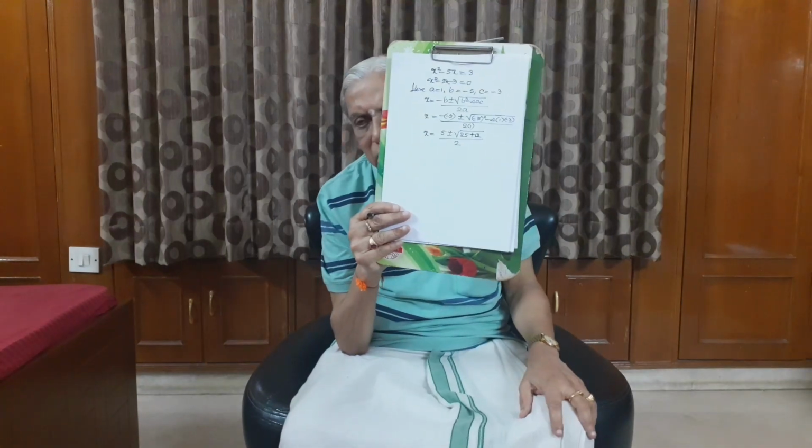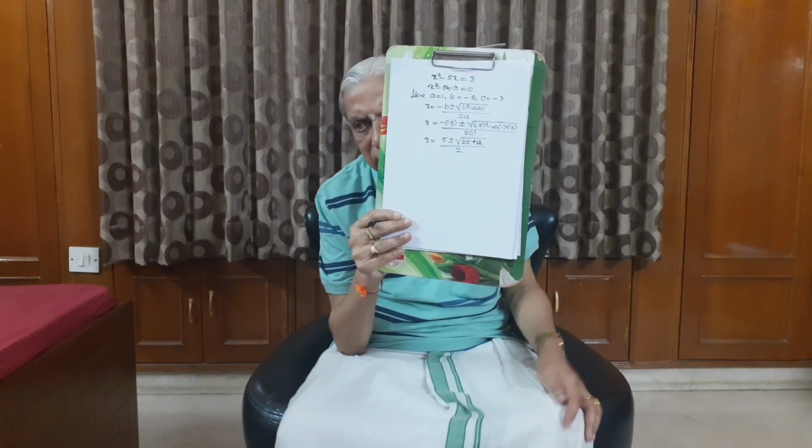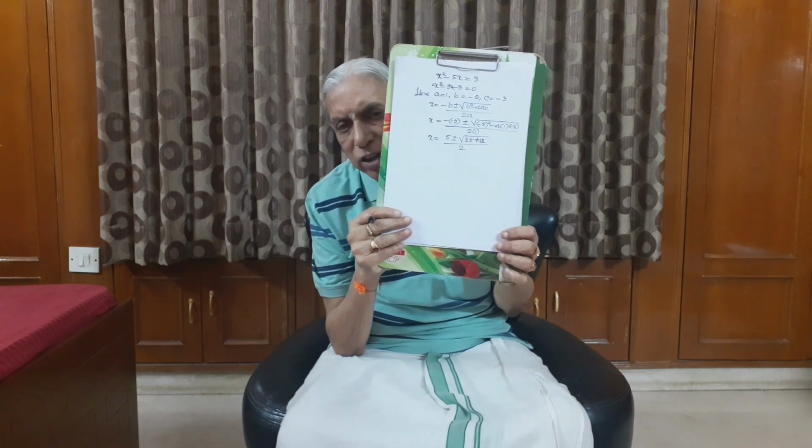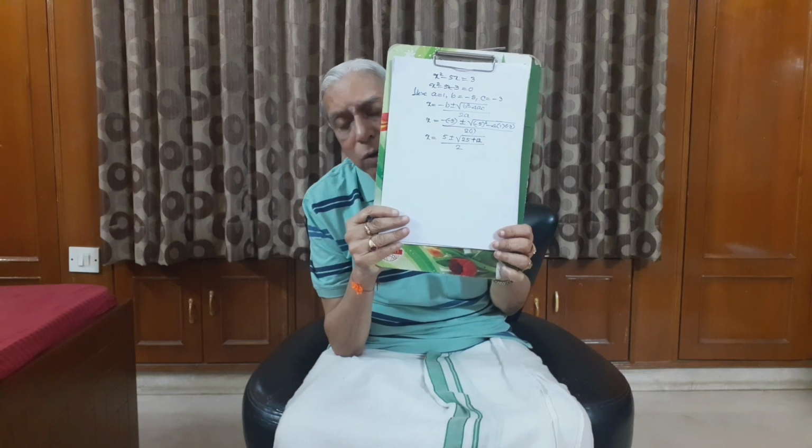Did you understand how the plus 12 comes there? Minus 4 into 1 into minus 3. Minus into minus is plus 3. You have to be careful there.